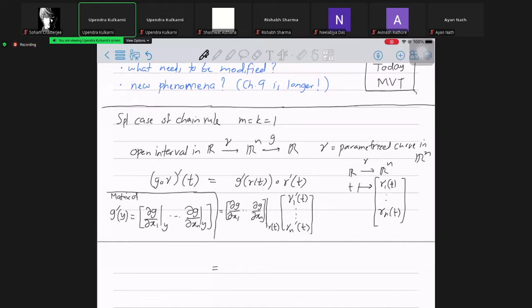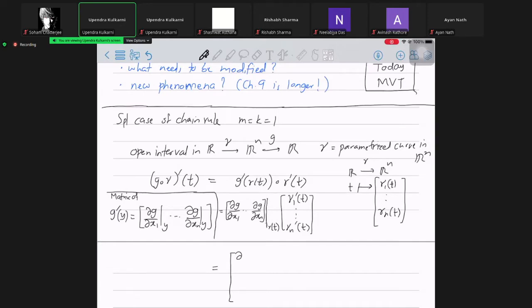Instead of this row vector, I want to think of this also as a vector in Rn. Now this row vector is not a vector in Rn, because vectors in Rn in our nomenclature are all column vectors.